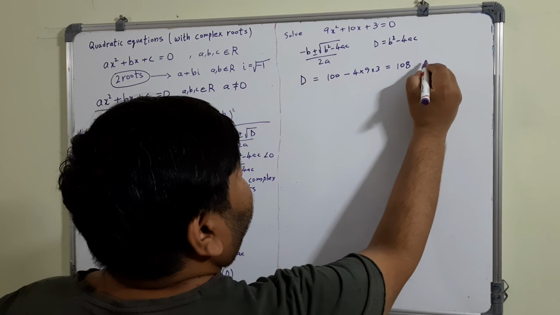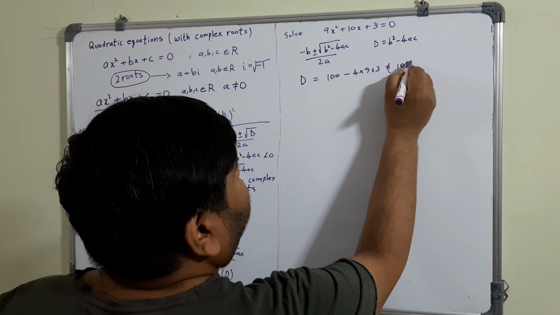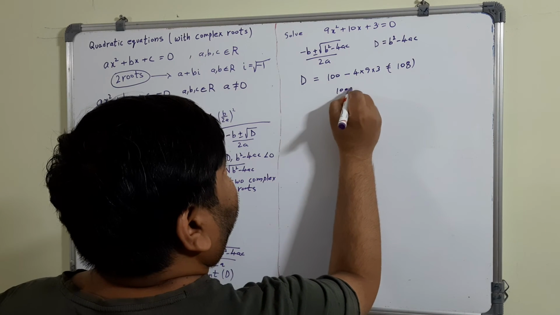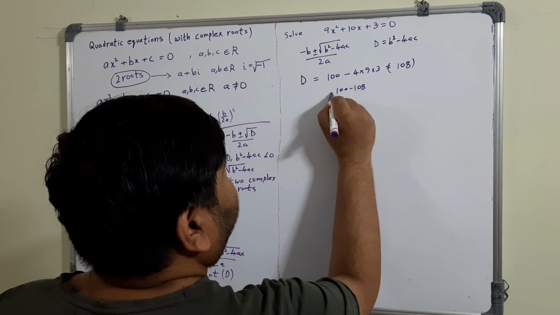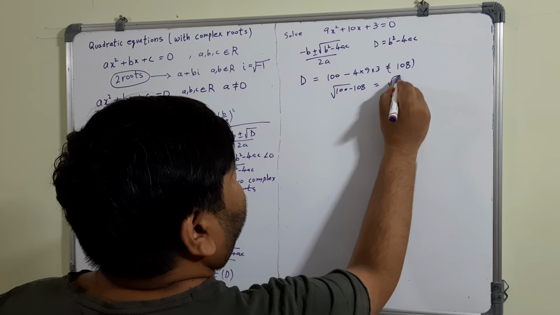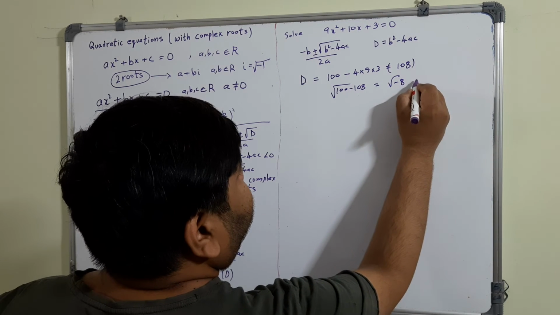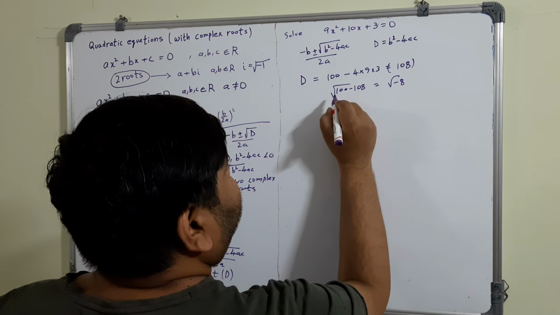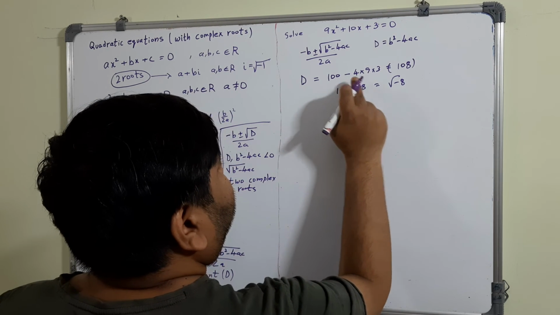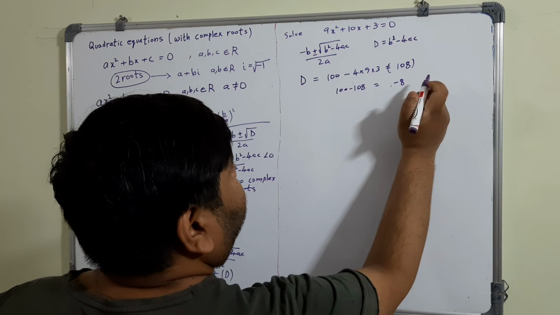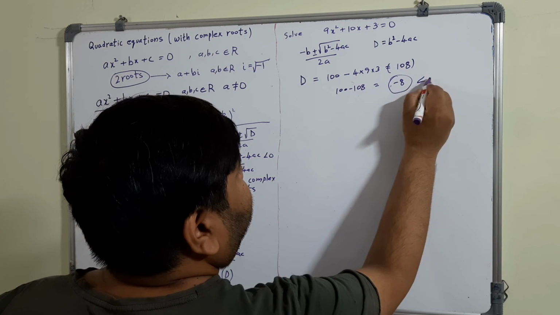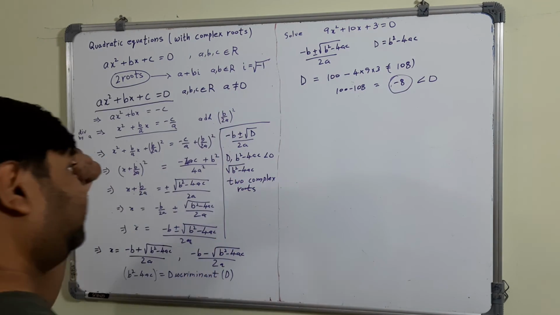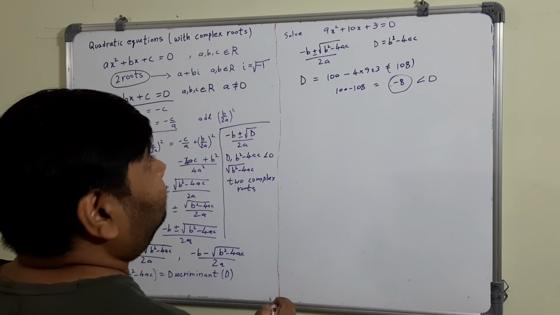So 100 minus 108, root under minus 8, which is negative, less than 0. So we will have complex roots here.